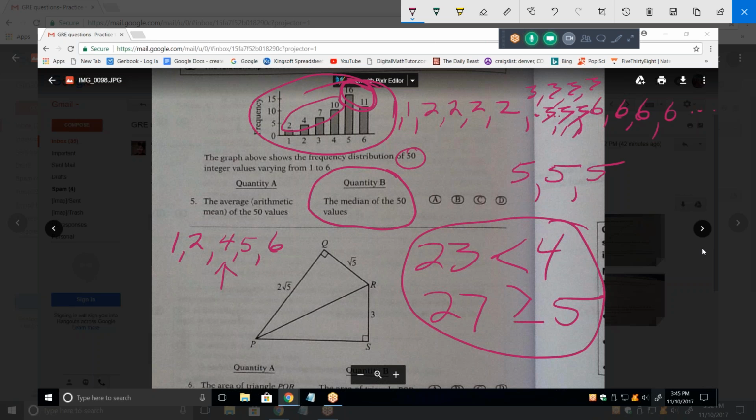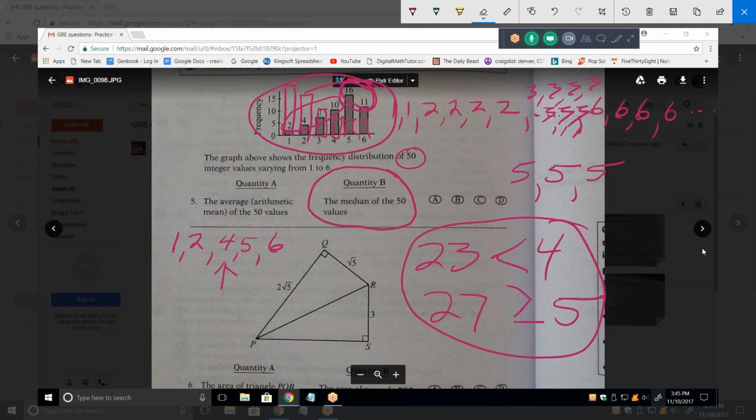Could be. I would say if it was very balanced that we might not be able to tell. If it was heavily weighted towards the front end, like this, and lightly weighted in the back, like this, then I would say that the average is going to be greater than the median.